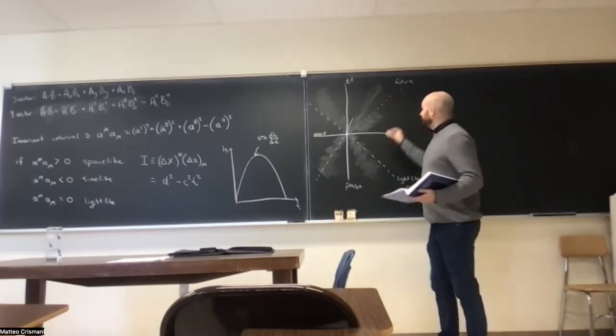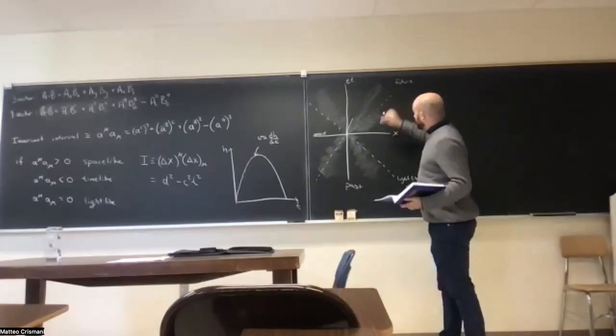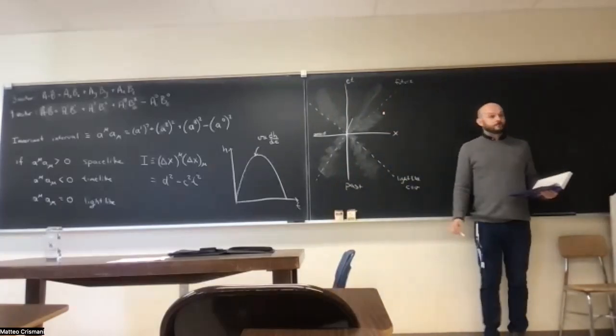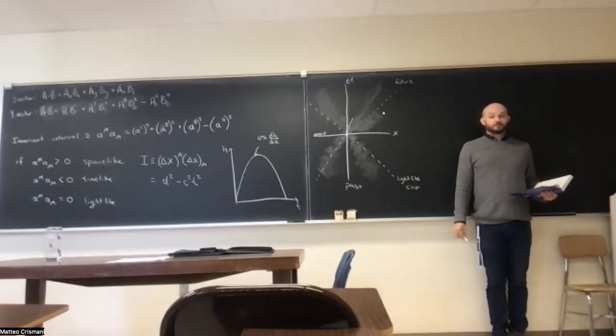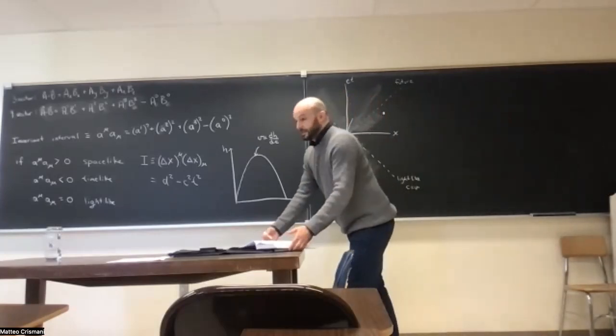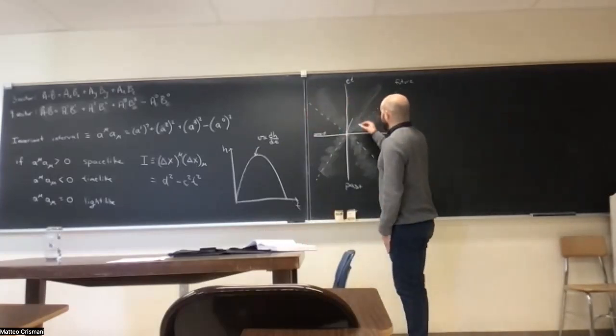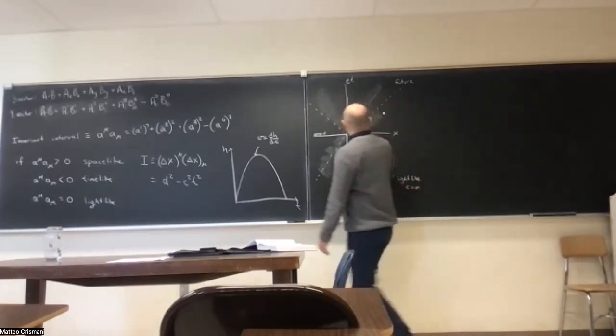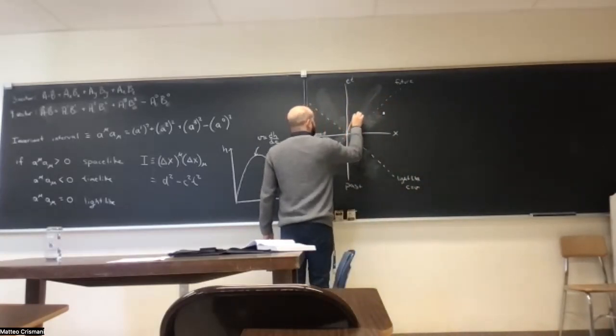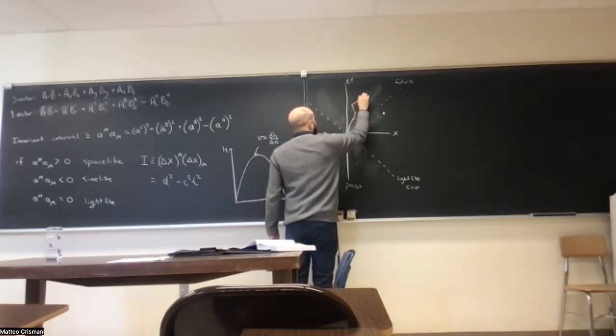So let's say an event occurs here. Can I access it? No, that's correct. Make sense? But what will happen instead is if I wait, so this is my position. Let's say I go from here to here, and then I go back a little bit, and then I go over here.